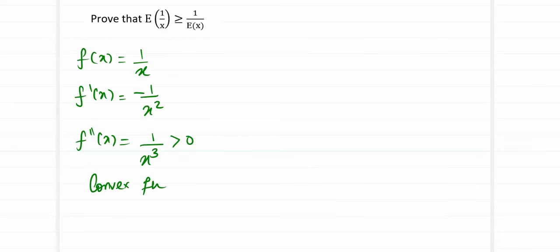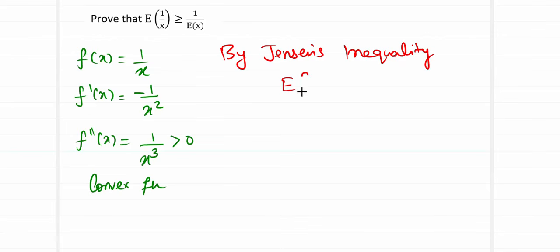So by Jensen's inequality, what do we have? Expected value of f of x is greater than or equal to f of E of x.